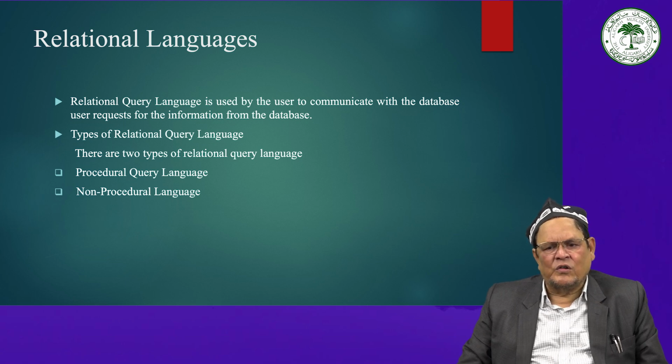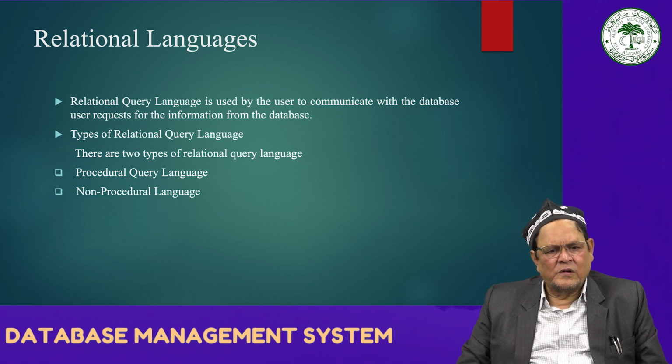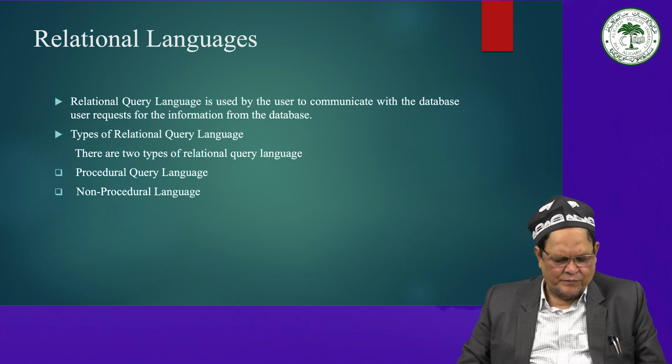They are generally at a higher level than any other programming language. These relational query languages can be procedural and non-procedural. There are two types of relational query language. One is procedural query language, the other is non-procedural query language. We will discuss them one by one.